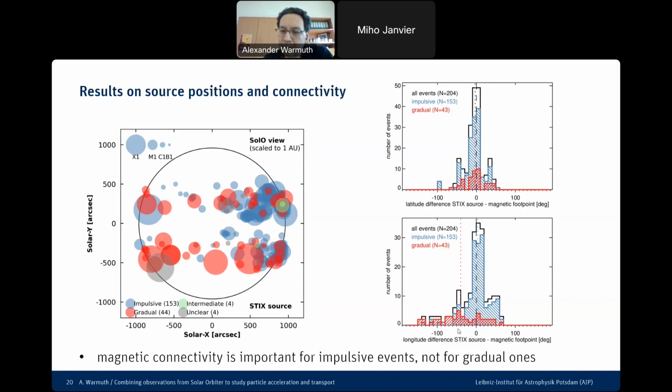Whereas the gradual events, if you look down here, show a much flatter distribution. So this shows you that for gradual events, it doesn't really matter that much where on the sun they are occurring. And this means that the acceleration region probably has to be quite extended.